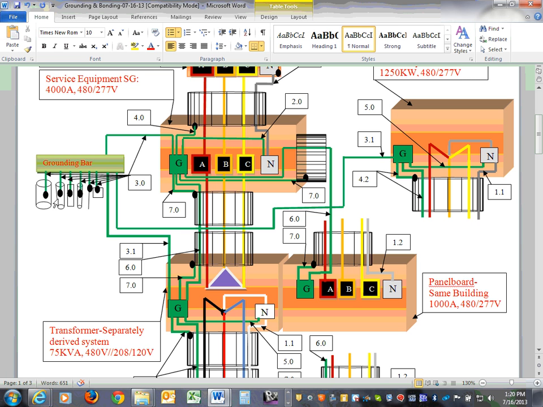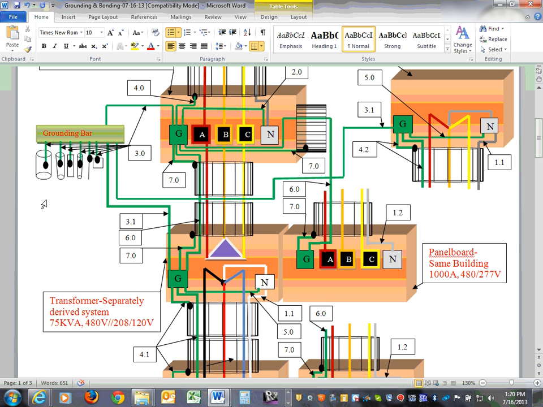Then all this here is supposed to represent all the grounding electrode systems approved by the NEC code book. I should have named them for you, but you can imagine: this looks like a grounding plate, that one. This is supposed to be a grounding ring, and the NEC code book talks about how to establish a grounding ring, guys. The grounding rod is supposed to be somewhere here.